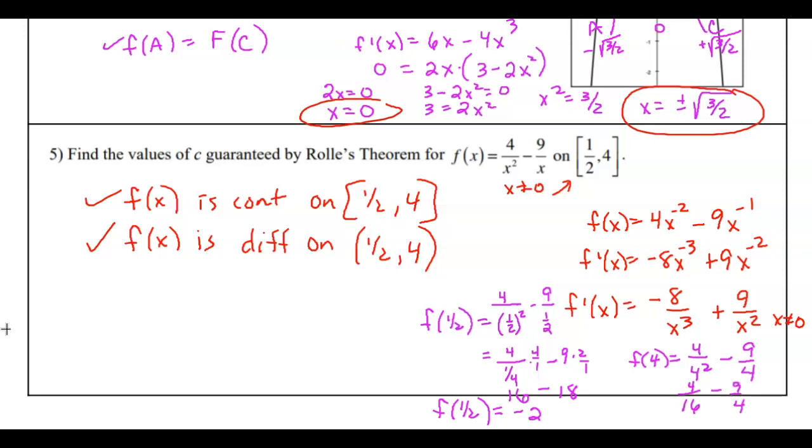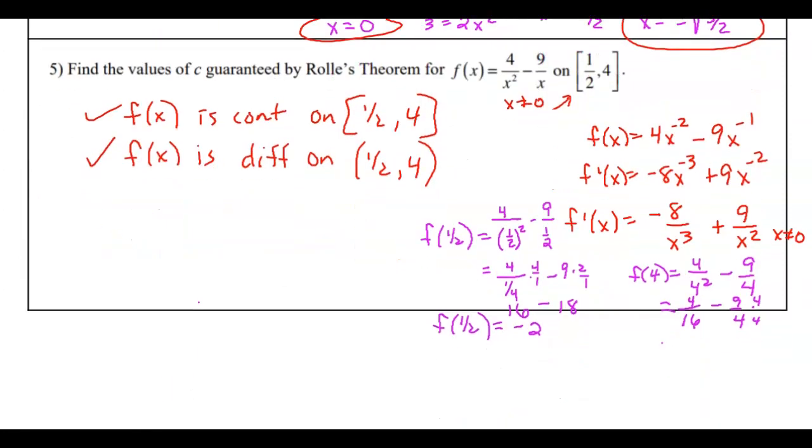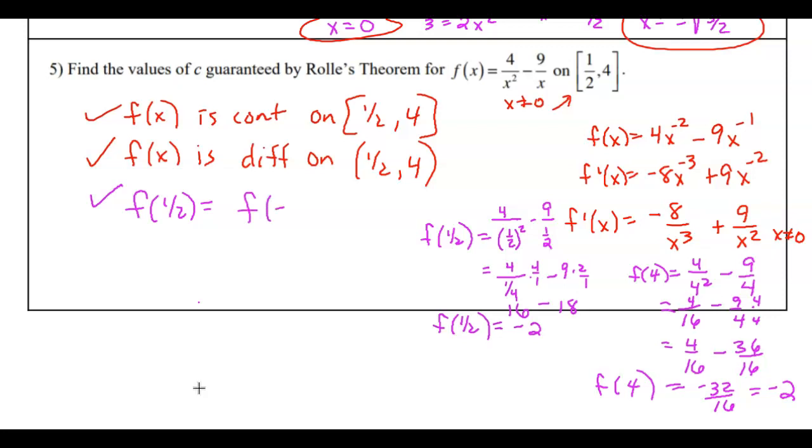I'm going to get a common denominator. Times 4 times 4. So I get, I'm running out of room. Let's, oops, move this up. 4 over 16 minus 36 over 16. So 4 minus 36 is negative 32 over 16, which is negative 2. All right, so f of 1/2 equals f of 4.